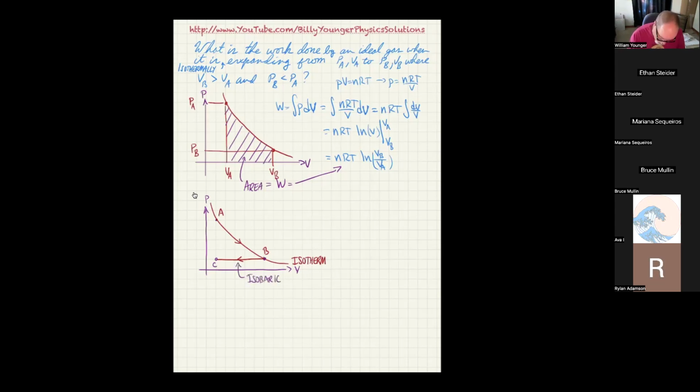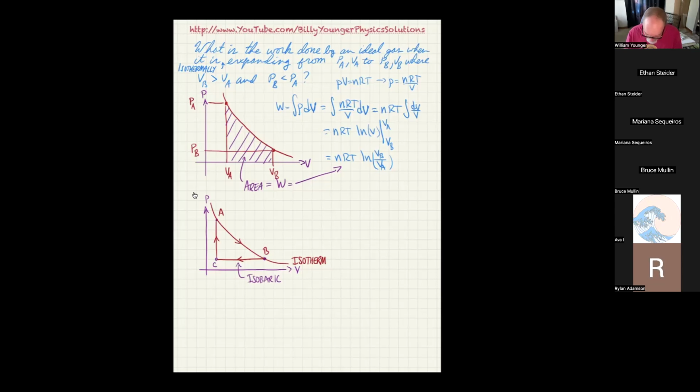And now it's going to go straight up, in other words, vertically, back to there. What kind of process would that be called? Anybody want to take a guess on that one? So that one is vertical.